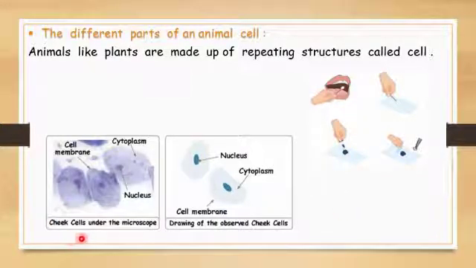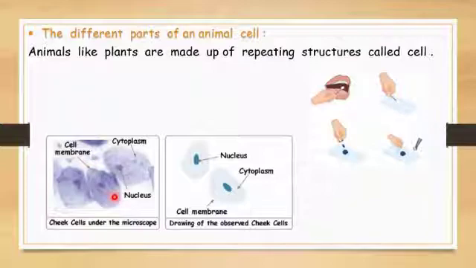So here are the cheek cells under the microscope. If we look at this cell, I can see it has the nucleus, the cytoplasm, and the cytoplasmic membrane. So this cell is the same as this one, and it also has the nucleus, the cytoplasm, and the cytoplasmic membrane.